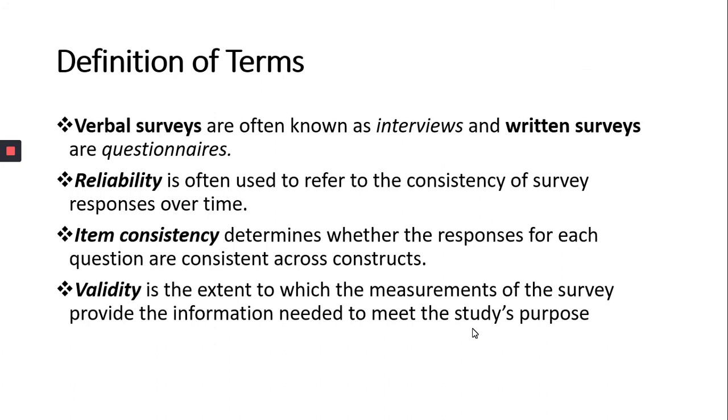Now, let me introduce some few terms. There's what we call verbal surveys, which are often known as interviews, and written surveys, which are questionnaires. So when you go and ask somebody verbally, of course you may have the questions written down, but we call those interviews. You interview the people. But when you have written surveys, when you write them and you are issuing them and so forth, we normally refer to them as questionnaires.